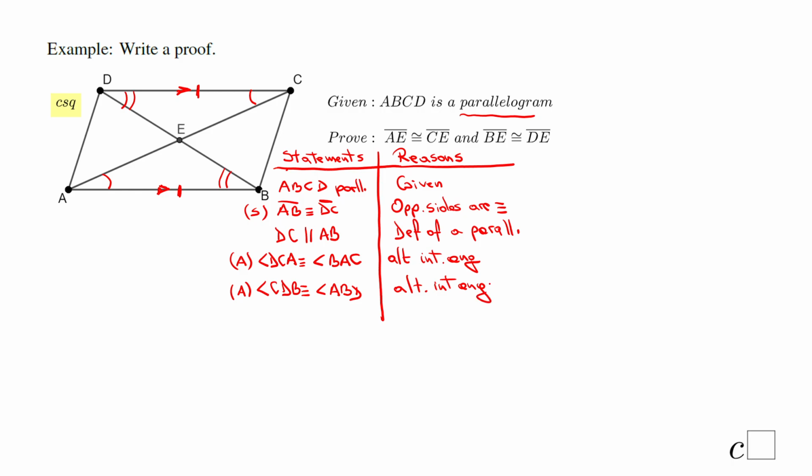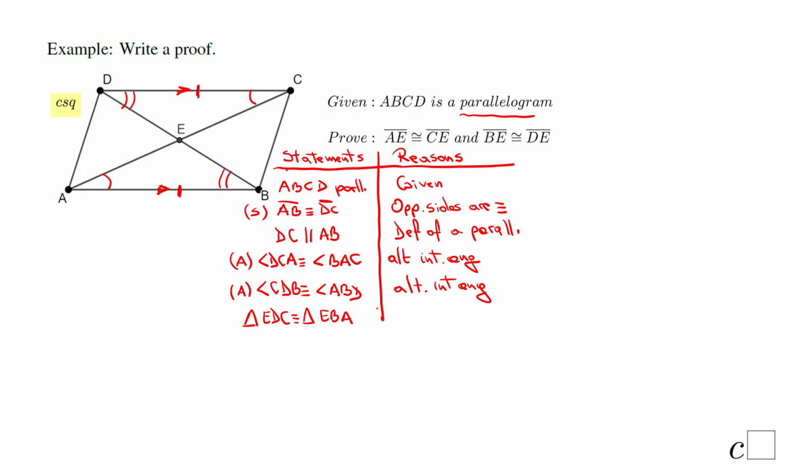So now I can put a statement here that triangle EDC is congruent with triangle, now you want to be sure you write the corresponding parts, EBA.